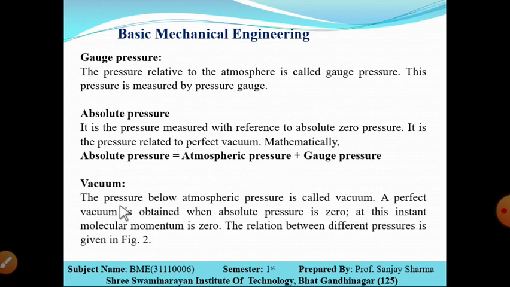What is vacuum? The pressure below atmospheric pressure is called the vacuum. The pressure that goes below the atmosphere is termed as vacuum. For example, when we open our mouth and inhale air through our nose, it means we are creating the vacuum and allowing the air to enter our lungs.